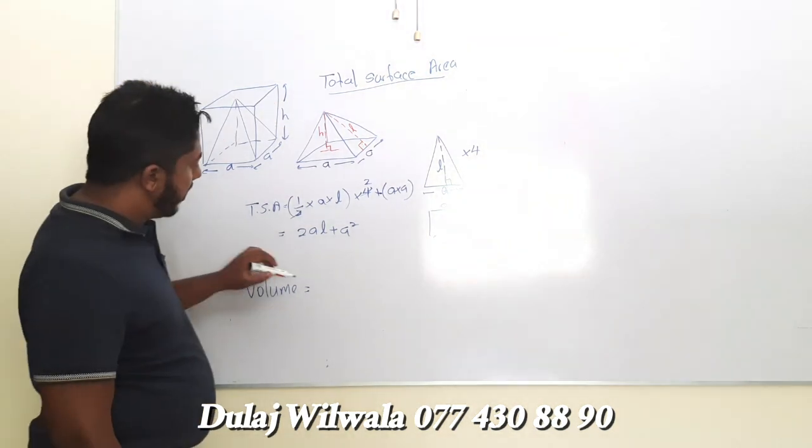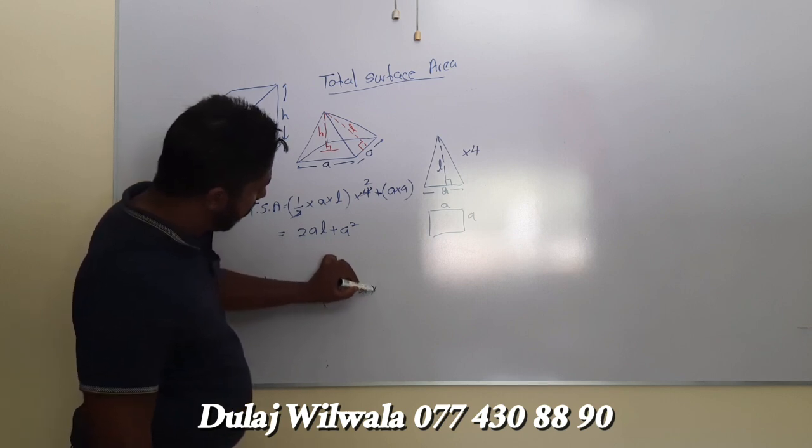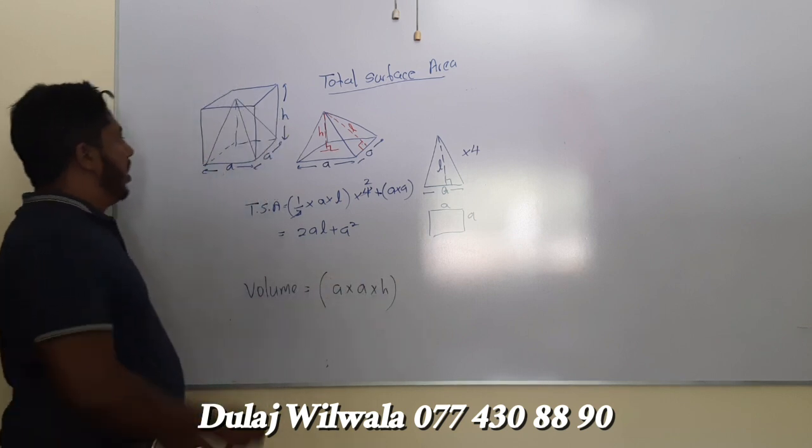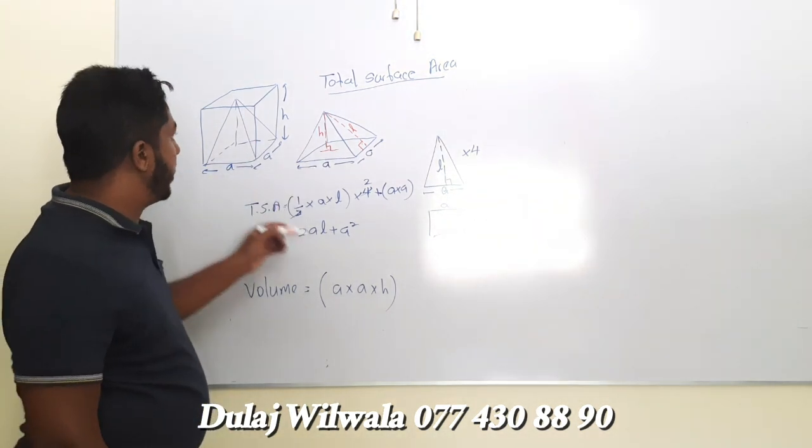So the volume of the cuboid will be A into A into h, length into height. Here there is a pyramid.